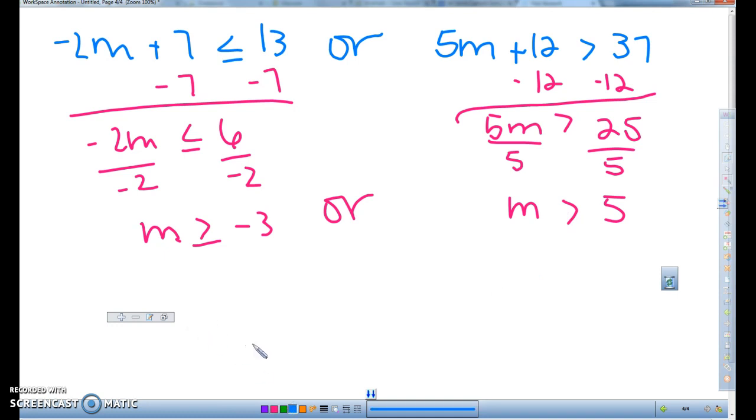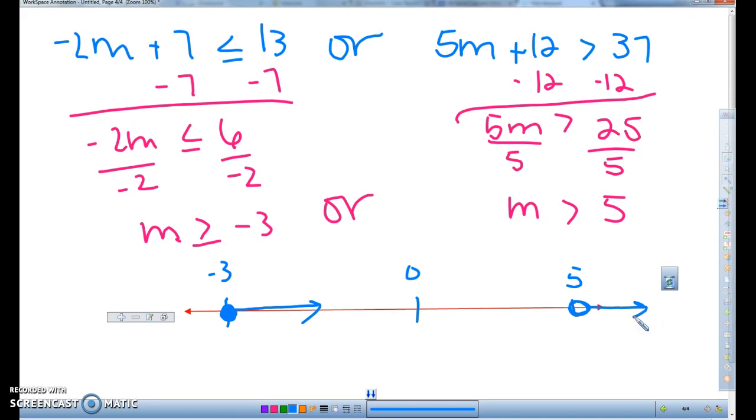I'm going to come down here, and I'm going to draw my number line. We'll put -3 on the number line. We'll put 5 on the number line. And 0 somewhere in the middle here. I have a closed circle on -3, and my arrow goes this way. I have an open circle on 5, and my arrow goes this way.